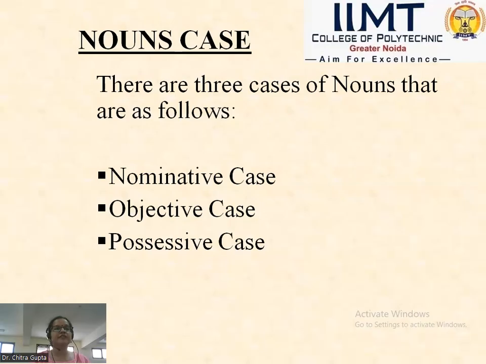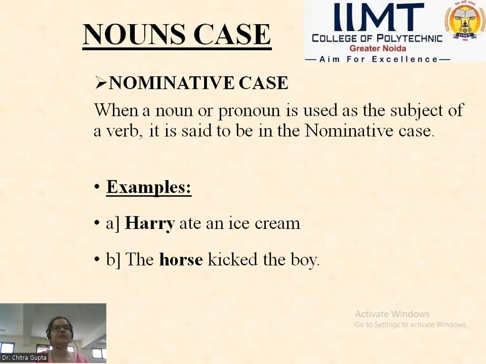First, I will brief you about what the nominative case actually is. When a noun or pronoun is used as the subject of a verb, it is said to be in the nominative case.